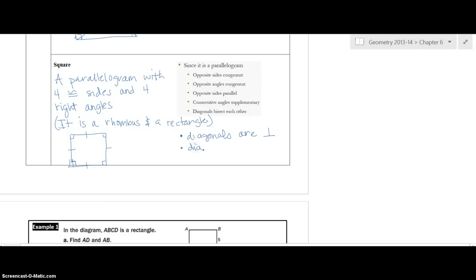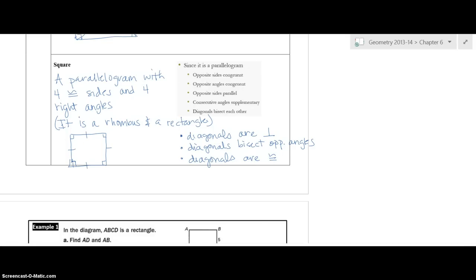The diagonals bisect opposite angles, and the diagonals are congruent.